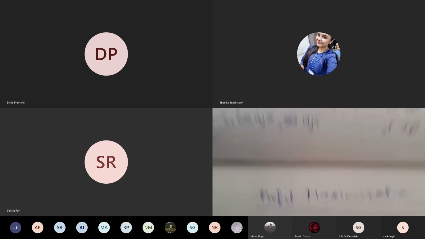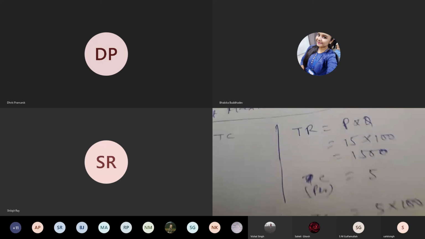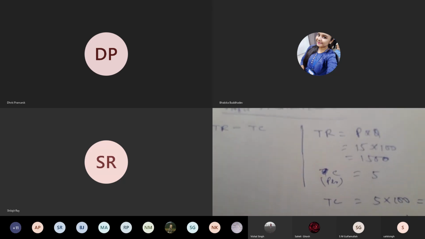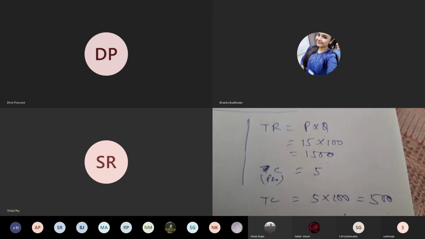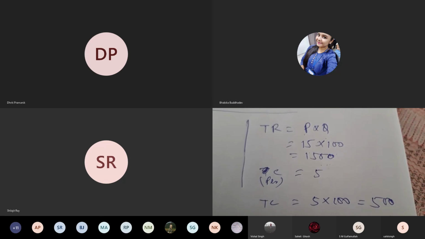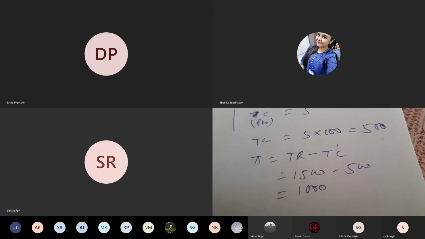Profit is equal to TR minus TC. TR is equal to 1500 and TC is equal to 500. So profit is equal to 1000 rupees.